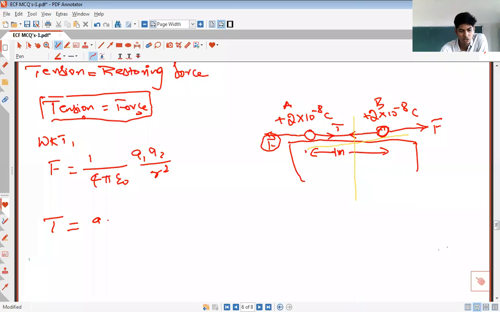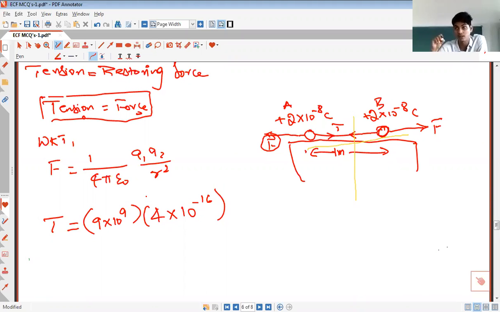1 by 4 pi epsilon naught is 9 into 10 to the power of 9. Q1 into Q2 is to be done. See, Q1 is 2 into 10 to the power of minus 8, and Q2 is also 2 into 10 to the power of minus 8. So Q1 into Q2 madidre, we'll get 4 into 10 to the power of minus 16 Coulomb square. 2 2s are 4; 10 power minus 8 into 10 power minus 8 is 10 power minus 16.